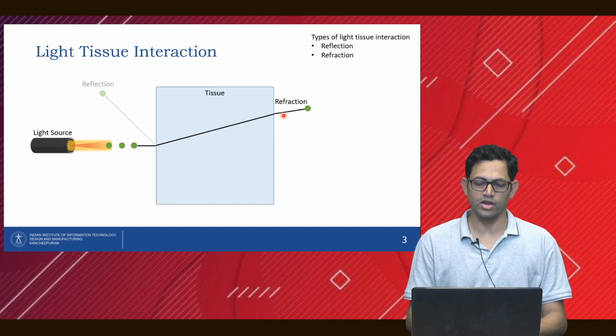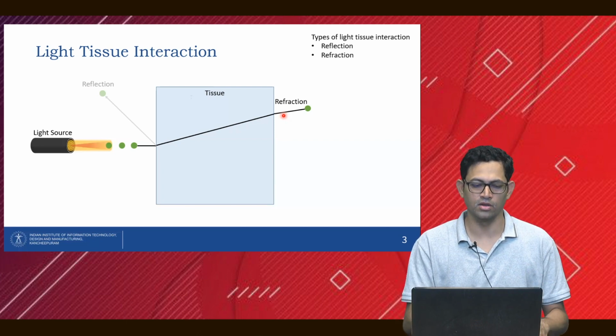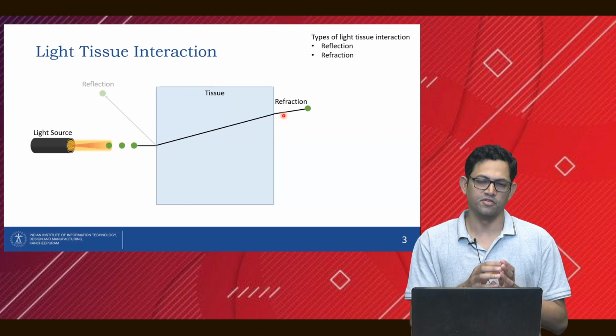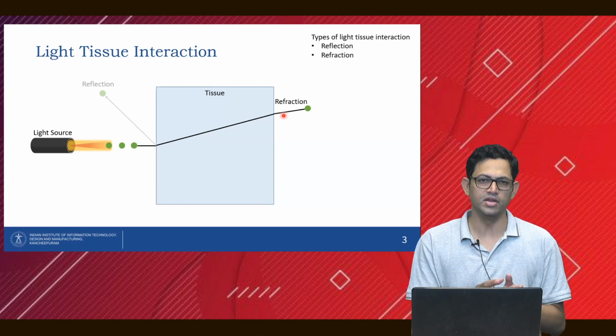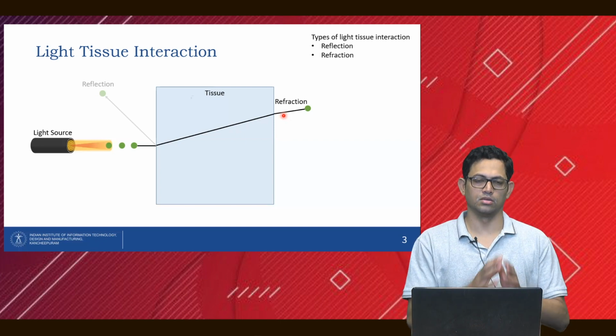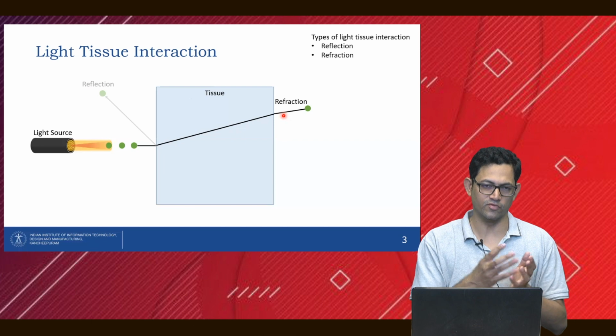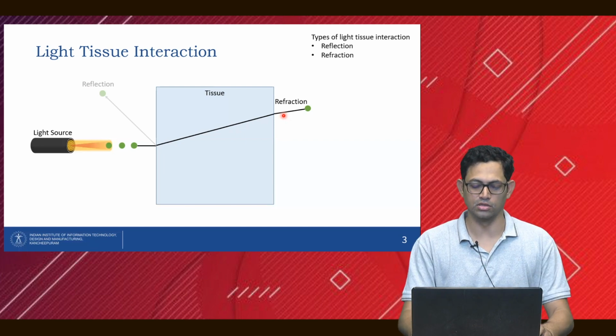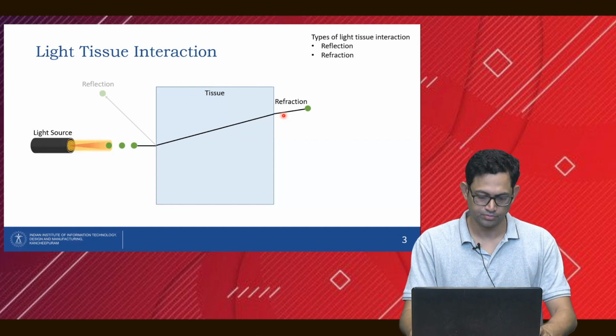So there is a lot of refraction happening when you assume that the refractive index of that particular medium is homogeneous throughout the domain where the light is propagating.